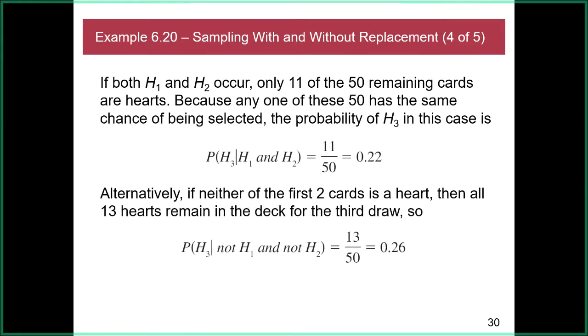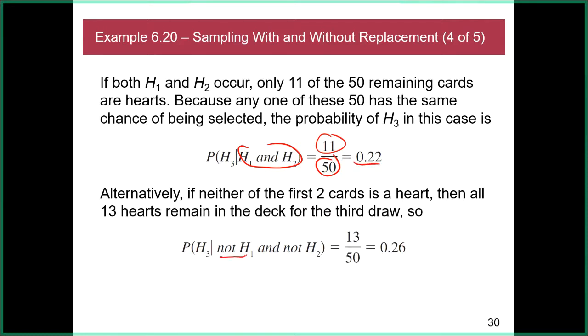So the probability of H3, if it's without replacement, depends on H1 and H2. If H1 and H2 occurred, then there's only 11 hearts left because out of 13, 2 have already been drawn, and only 50 cards left in the deck, giving us a probability of 0.22.